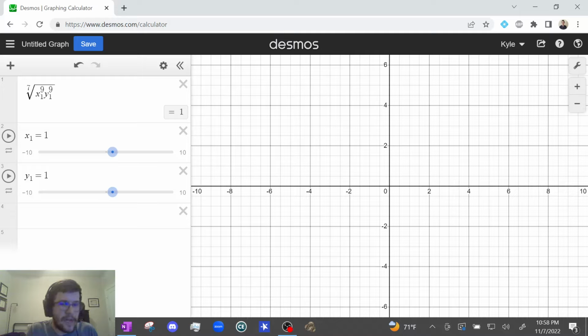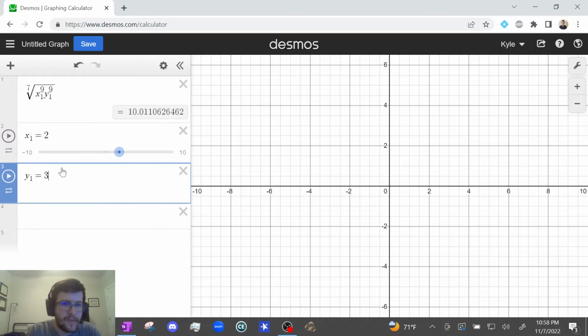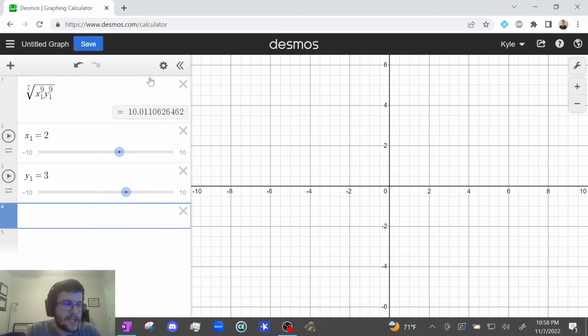So why don't we make, I don't know, it says they're both positive. So why don't we just make x1 2 and y1 3, and then we get some big messy decimal, and then we'll type in all the other answer choices until we get that. So x1, y1 to the 7/9.